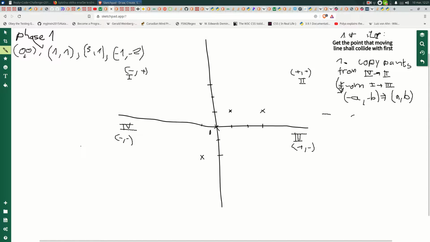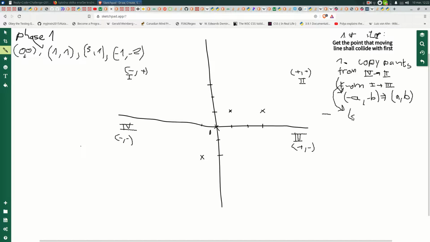And from 1 to 3, we do from minus plus to plus minus.